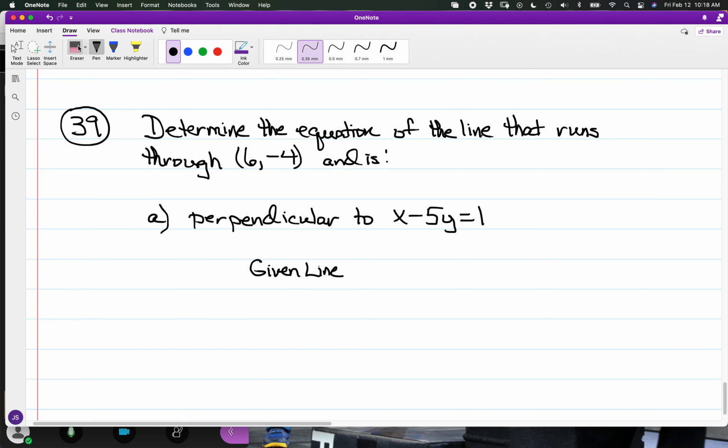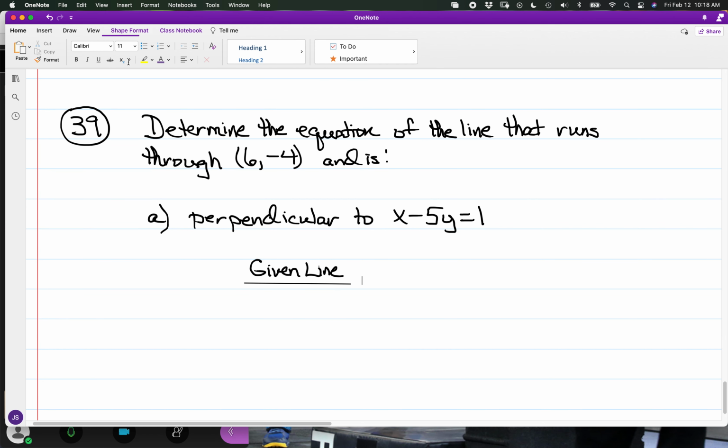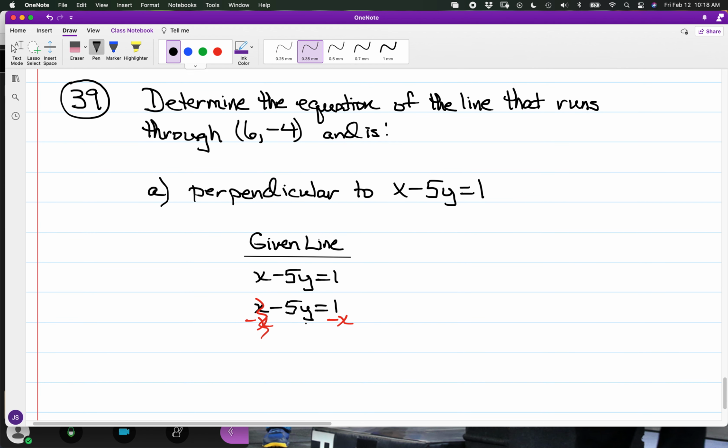Now, for the given line, we have x minus 5y is equal to 1. If I convert this equation to the slope-intercept equivalent, taking x away from both sides, I have negative 5y is equal to negative x plus 1.